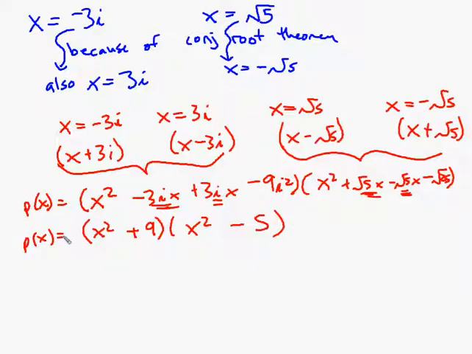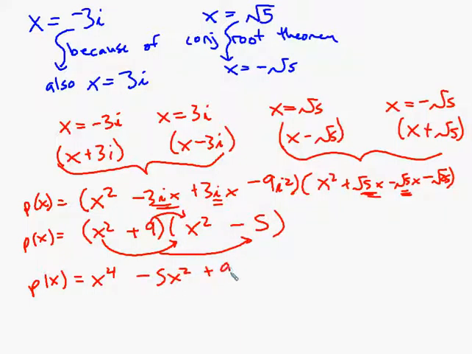Now I can multiply this. x squared times x squared is x to the 4th minus 5x squared plus 9x squared minus 45. P of x. Simplify.